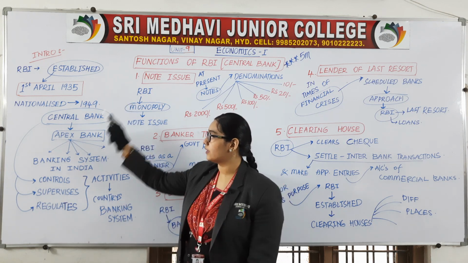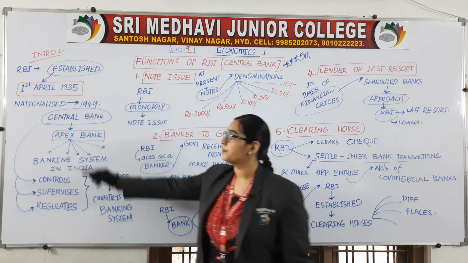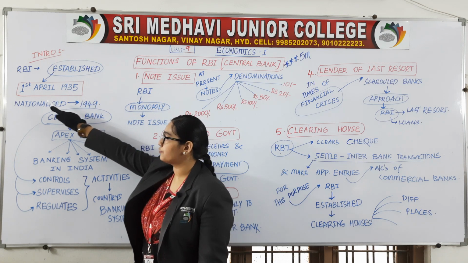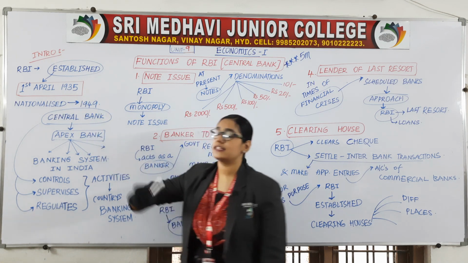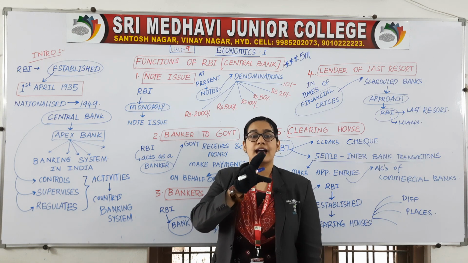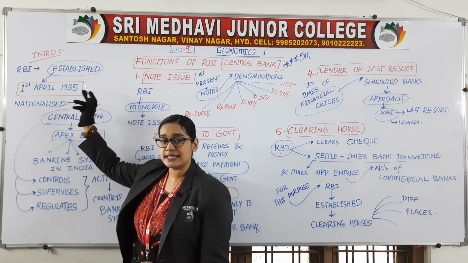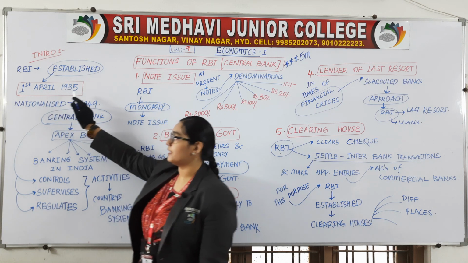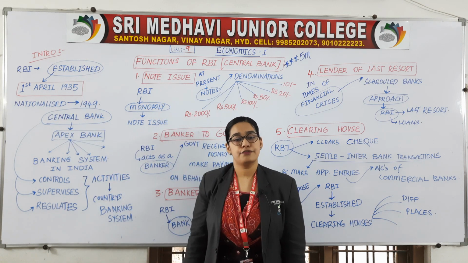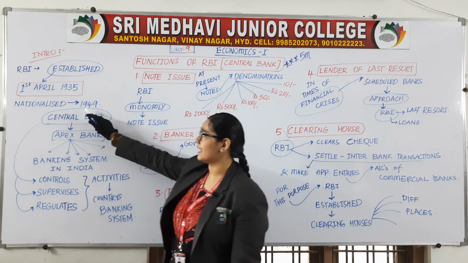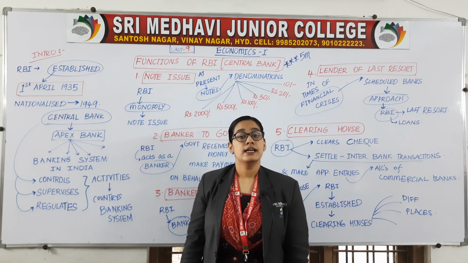Let us see the introduction. RBI was established on 1st April 1935. So when did RBI come into existence? It was established on 1st April 1935. Then it was nationalized in 1949.